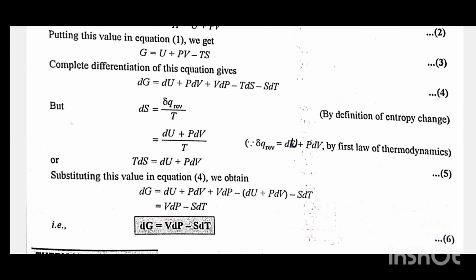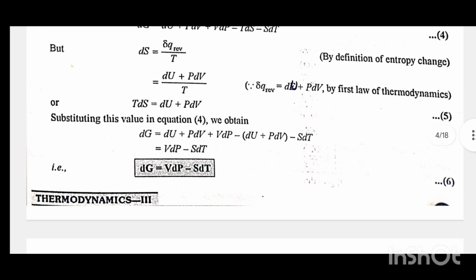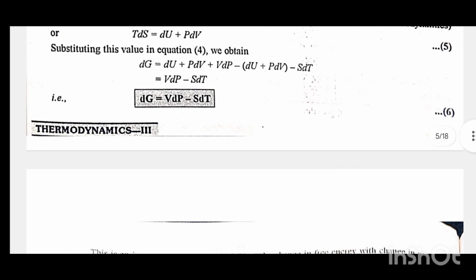Complete differentiation of the equation gives dG is equal to dU plus PdV plus VdP minus TdS minus SdT. dS is equal to del Q reversible upon T, which is equal to dU plus PdV upon T. TdS is equal to dU plus PdV. Substituting this value in equation 4, we obtain dG is equal to dU plus PdV plus VdP minus dU plus PdV minus SdT, which is equal to VdP minus SdT. dG is equal to VdP minus SdT.